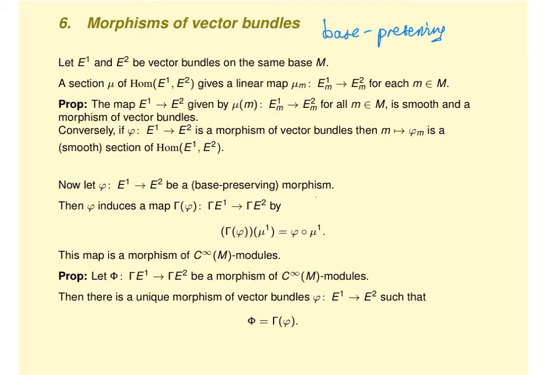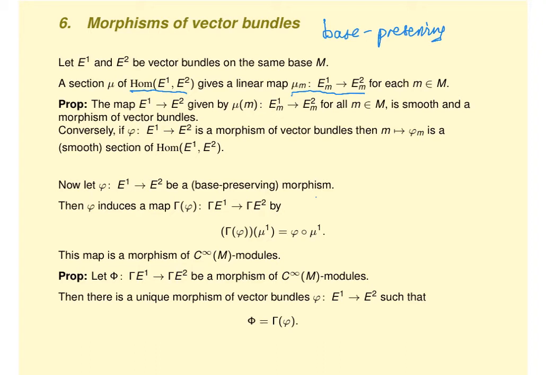So let E1 and E2 be vector bundles on the same base M. If I take a section of Hom(E1, E2), then what it's giving me is, for each point m of the base, a linear map from E1m to E2m. And if I combine those together, this is rather like what we did with the maps R_m a couple of minutes ago.